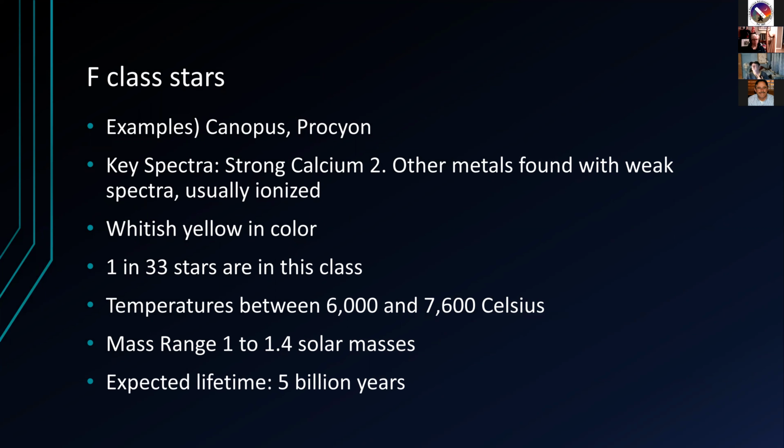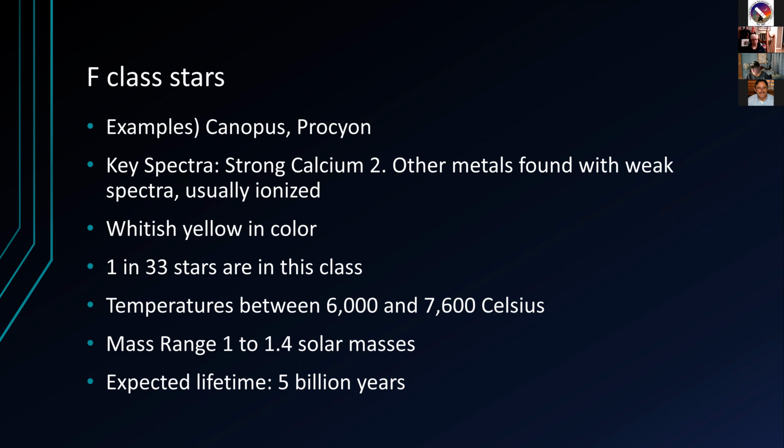So the next stop after A-class stars are F-class stars, we're still moving into cooler stars here. They have a temperature of around 6,000 to 7,000 degrees Celsius. What separates them apart is that they start getting into the whitish yellow portion of the color spectrum.